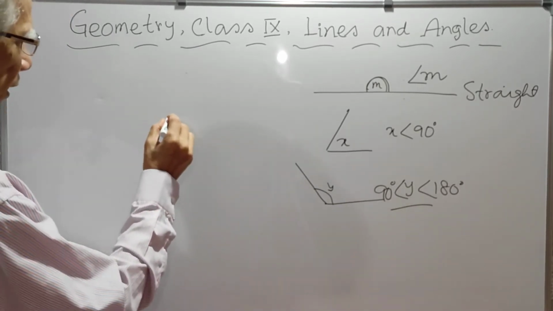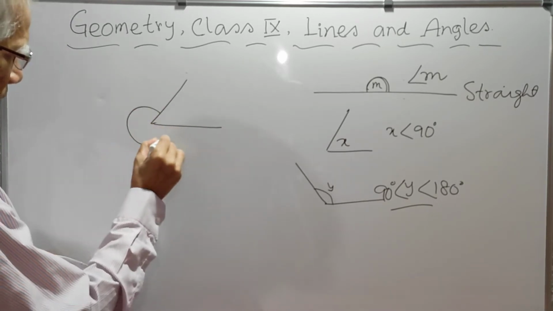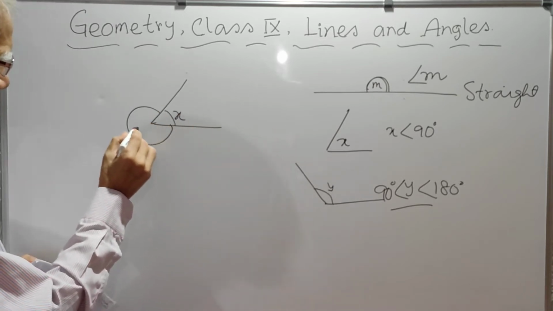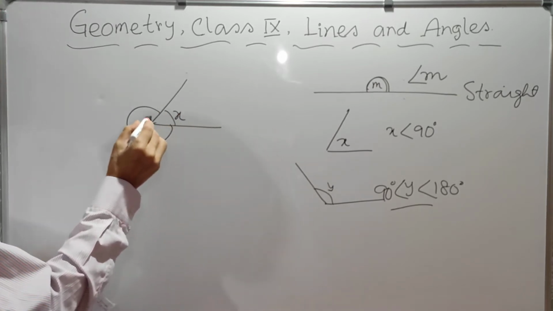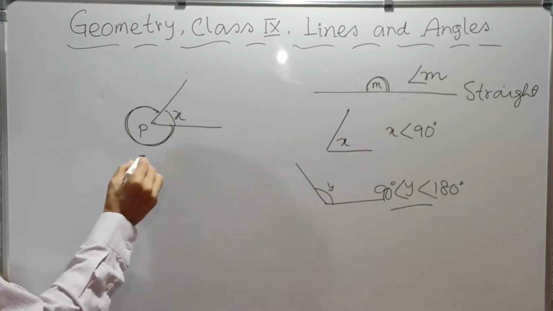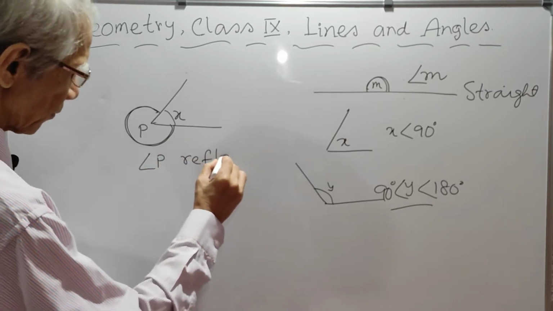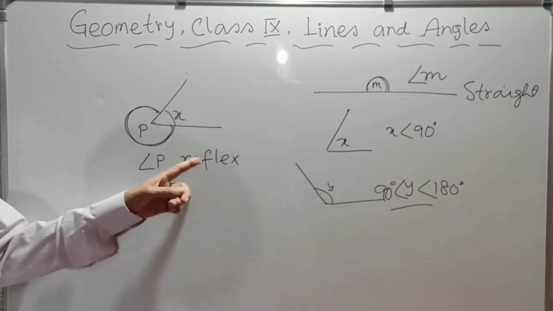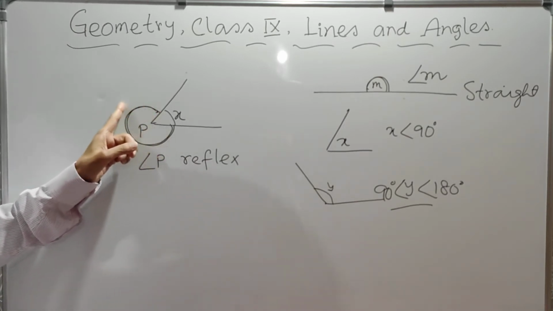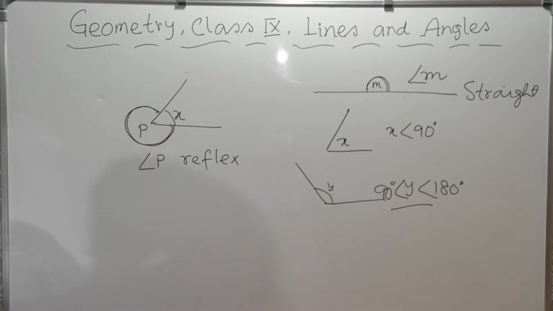Now this is reflex angle. So this angle is X, acute, but this angle is, suppose, angle P. So this angle P is reflex. So reflex angle is one which is less than 360 degree, but more than 180 degree.